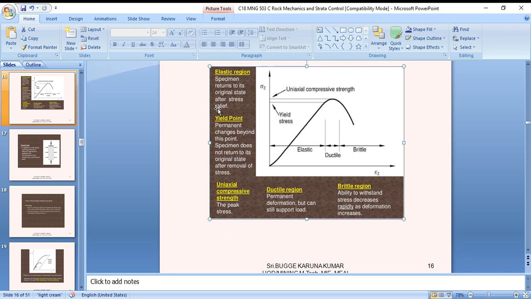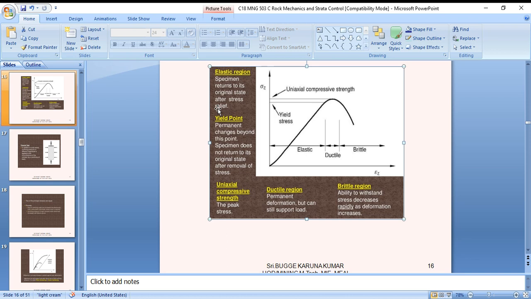Next, the uniaxial compressive strength: the peak stress is called the ultimate stress. That is the failure point, the highest load the material can bear. In the ductile region, there is permanent deformation, but the specimen can still support load.